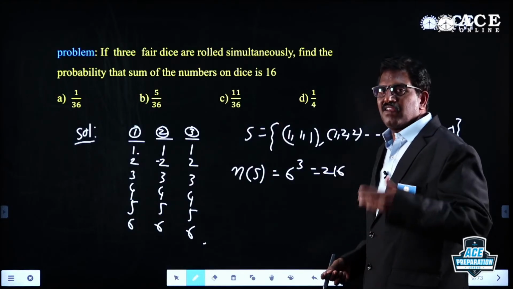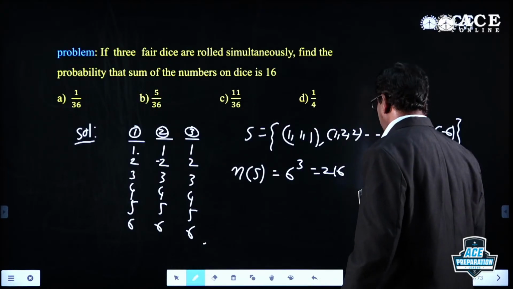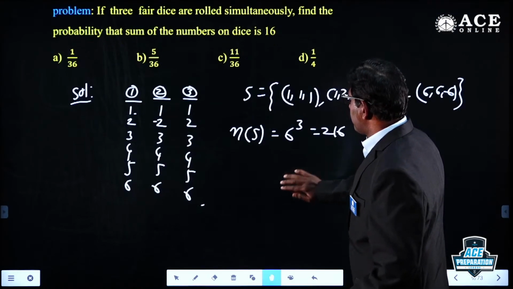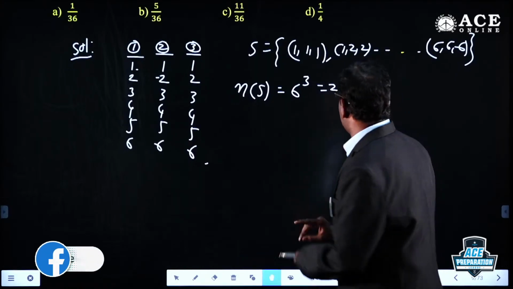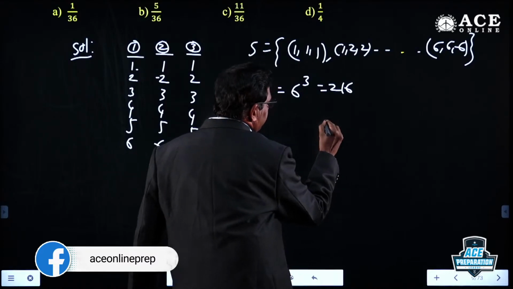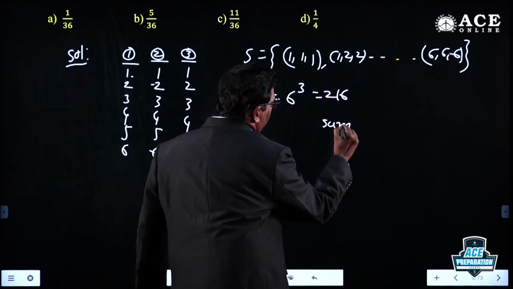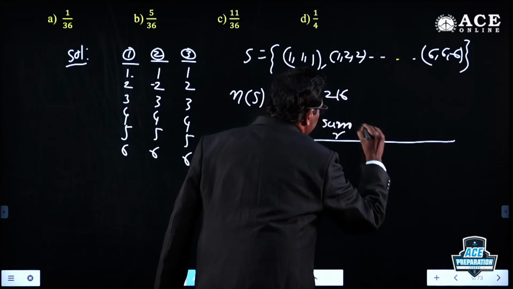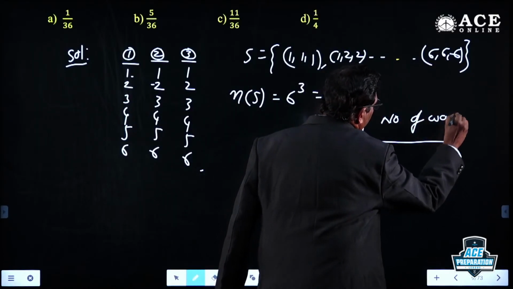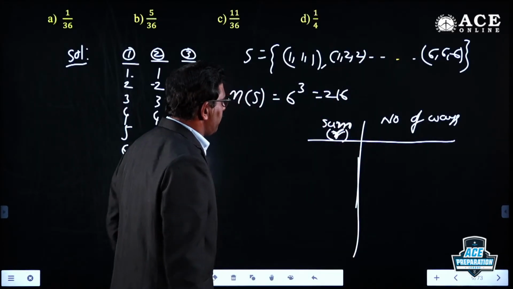To find the number of ways, I will give you one simple technique for the 3-dice problem. If the sum is r, the number of ways I am writing.